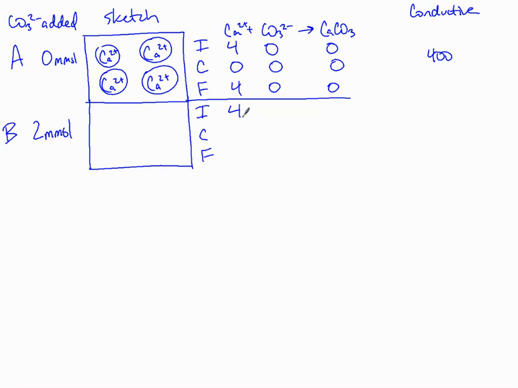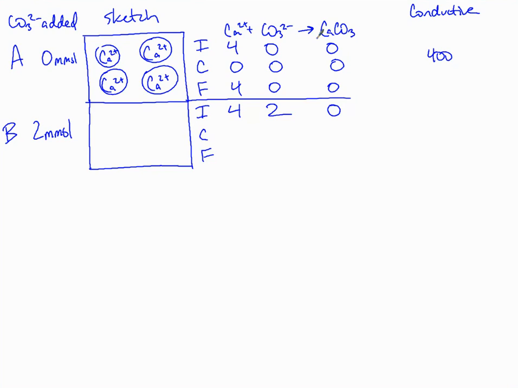We had 4 millimoles of calcium, 2 millimoles of carbonate, and 0 of the product. Now is your stoichiometry. This is the point where you could do all that dimensional analysis, but look at this, all the coefficients are 1. So that's going to make this one a little easier, because we're not worried about coefficients right now. Remember the mole ratios? Every mole ratio here is 1 to 1.